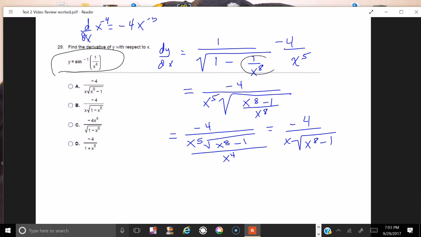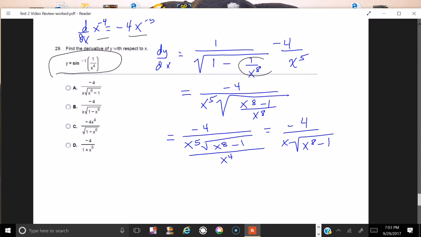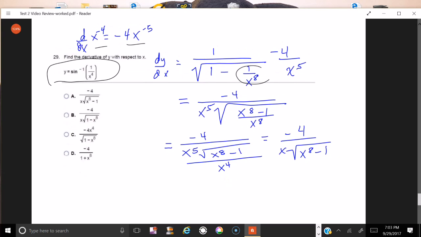Then we have to multiply it by the derivative of x to the minus 4, which is minus 4x to the minus 5. And so we have minus 4 over x to the 5th.